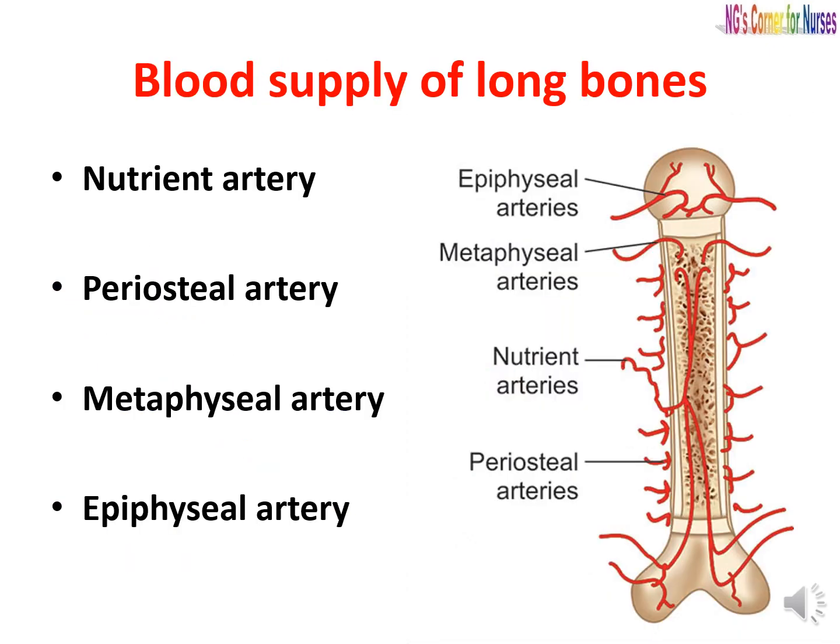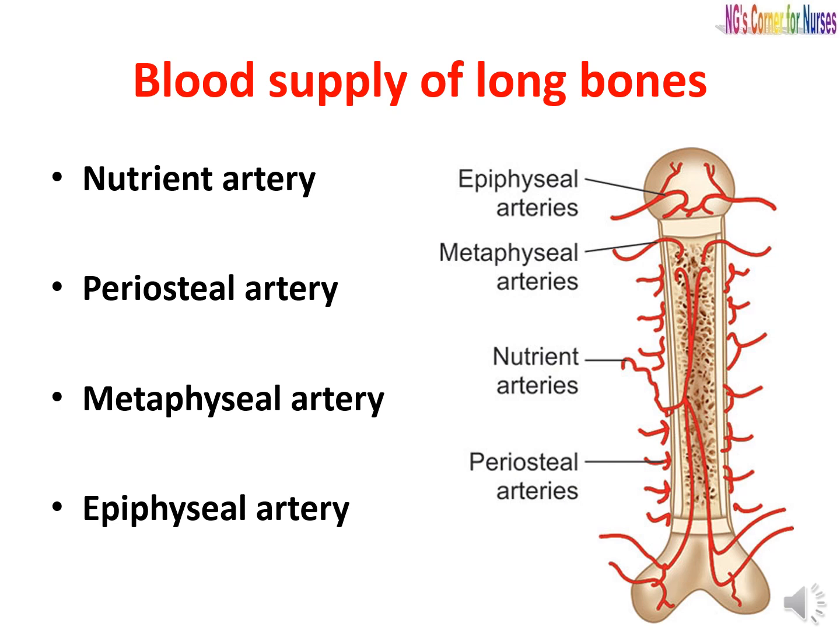Next, the blood supply of long bones. The blood supply of long bones is provided by four main arteries. First is the nutrient artery. This artery enters the bone through the nutrient foramen, then divides into ascending and descending branches, and it supplies the medullary cavity and most of the compact bone.